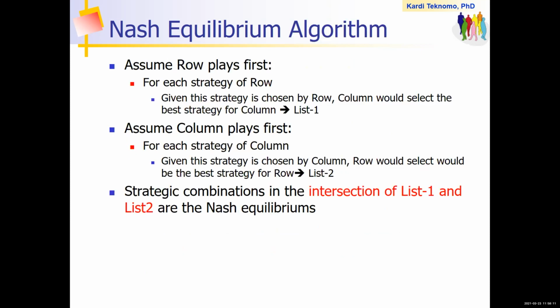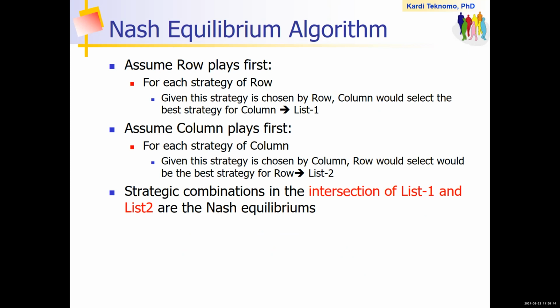How to do it? Again, you assume row plays first. For each strategy of row, given this strategy chosen by the row, column will select the best strategy for column. The best strategy for column, you put into list number 1.